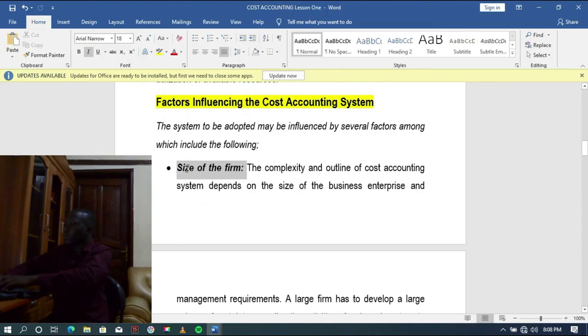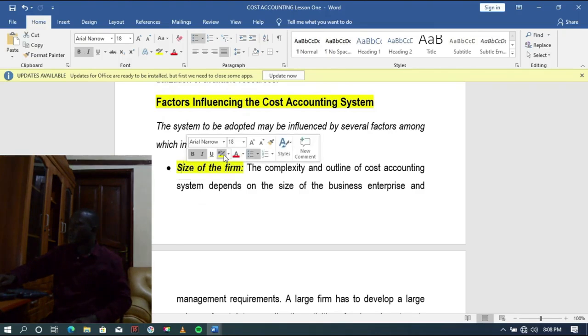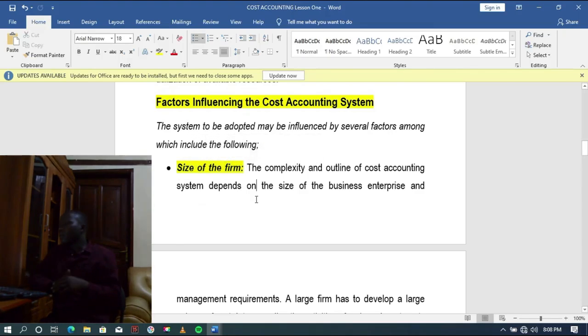One of them is the size of the farm. The size of the farm determines how large the cost accounting system should be.